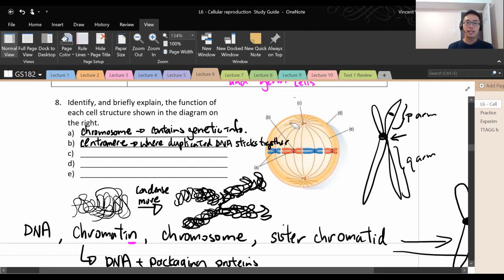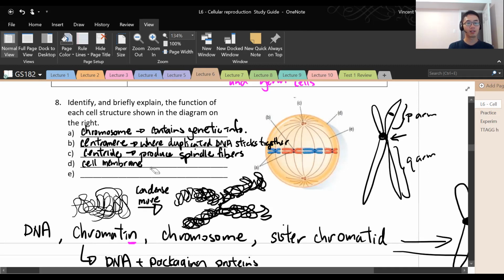Okay, C, anybody can tell me what C is? C is centrioles, that is correct. Thank you. They produce spindle fibers. D is just cell membrane. Not sure why that is even there.